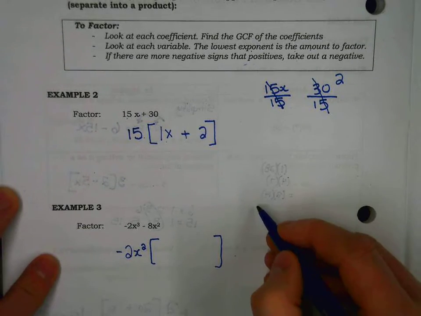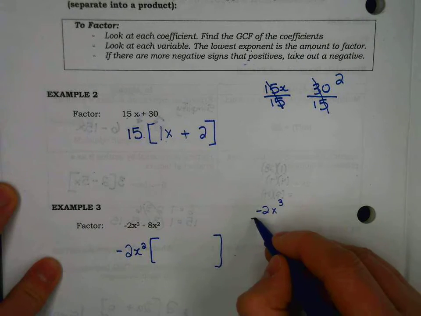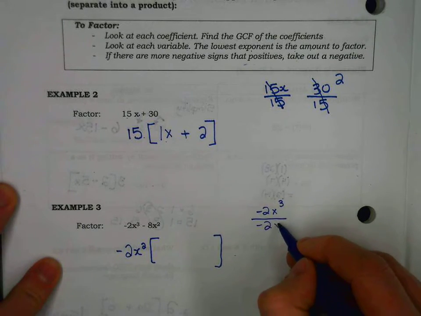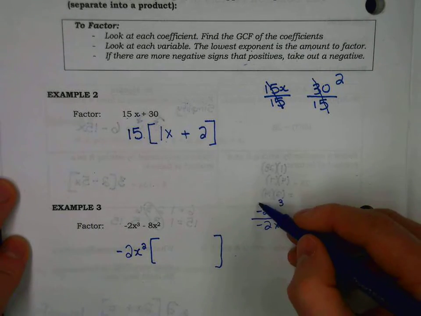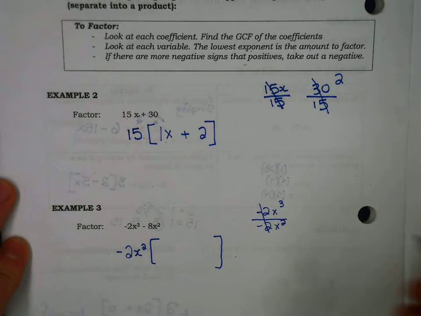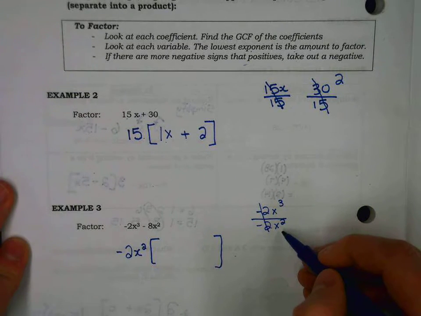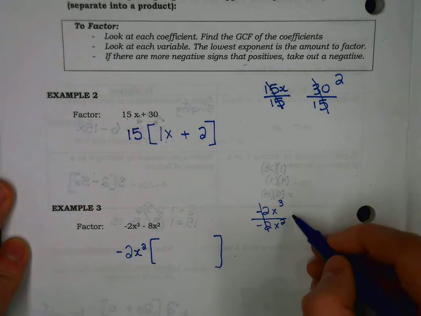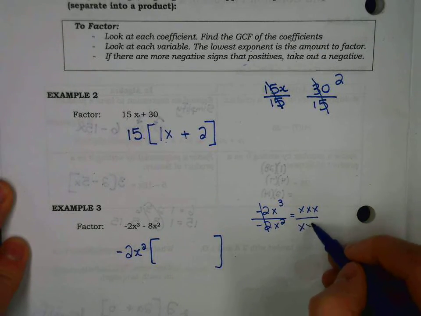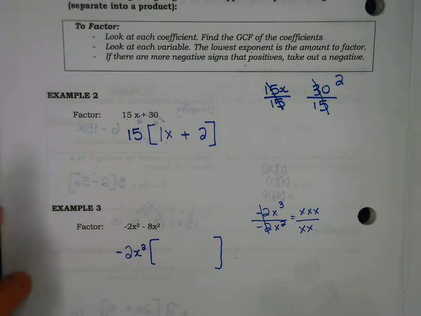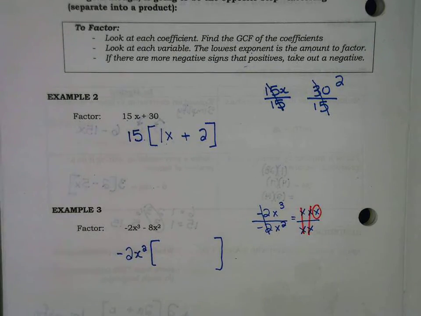So if we wanted, we can start with our negative 2x cubed. We are dividing out a negative 2x squared, and if you would like to show that division and cancel, the negative 2 divided by negative 2 cancels. The x cubed divided by x squared results in 1x, because if you think about the x cubed on the top and the x squared on the bottom, we are literally canceling out 2 of those x's, which leaves us with 1.